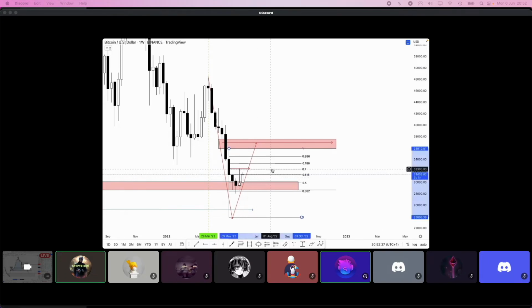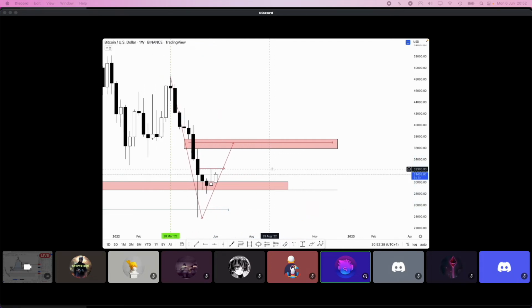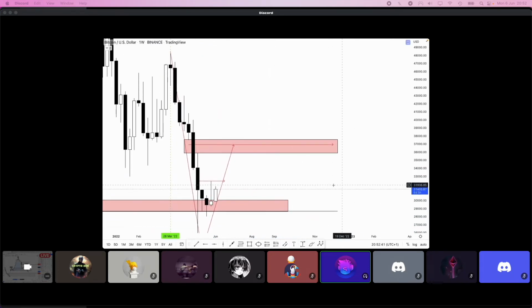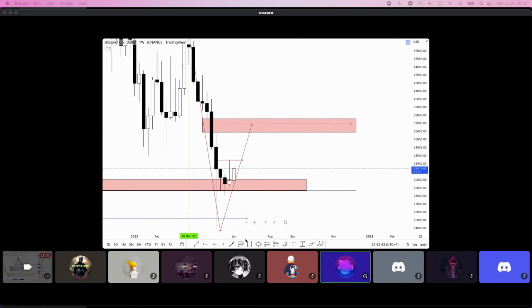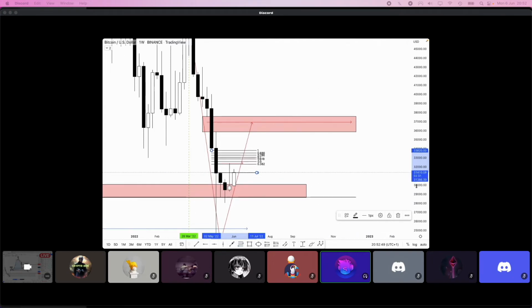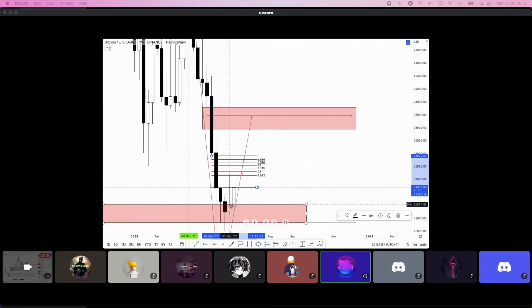Okay, so what we can actually do now, if we have measured the gap, this could be an inducement. We could push up into 50% of this candle here. So these are all reasons for the institution to push the price back up to these levels here. Major liquidity sitting within these regions.